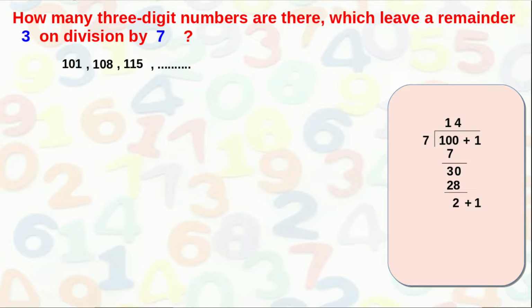Next we have to find the last number of this sequence. You know that the last 3-digit number is 999. Let's check whether 999 satisfies this condition. For that, divide 999 by 7.